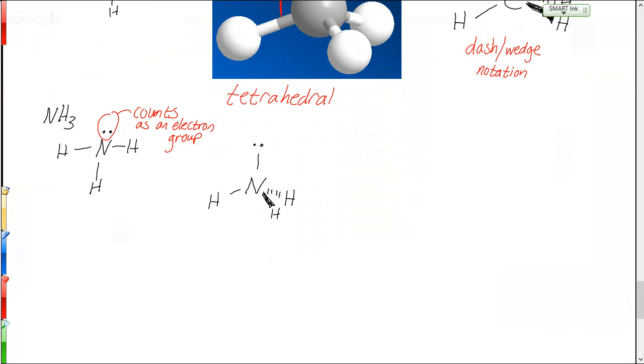But if we actually looked at a molecule of ammonia, we wouldn't see the electrons, because that electron group is on the atom. So what you would actually see is something more like this.